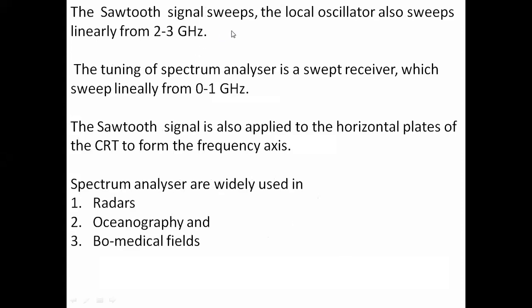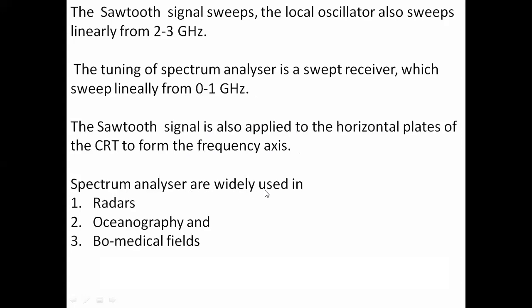The sawtooth signal generator produces the frequency range of 2 to 3 gigahertz. So the tuning of the spectrum analyzer is like a step receiver, shifting linearly from 0 to 1 gigahertz, and this sawtooth signal is applied to the horizontal deflection plates of the CRT to form the frequency axis.